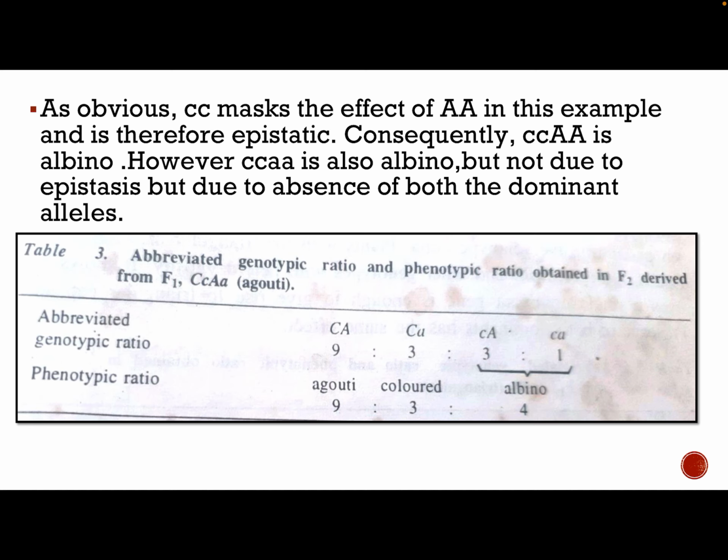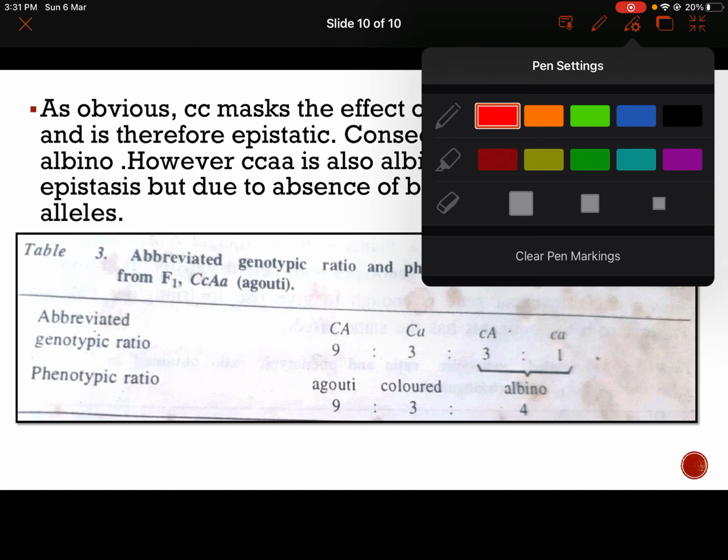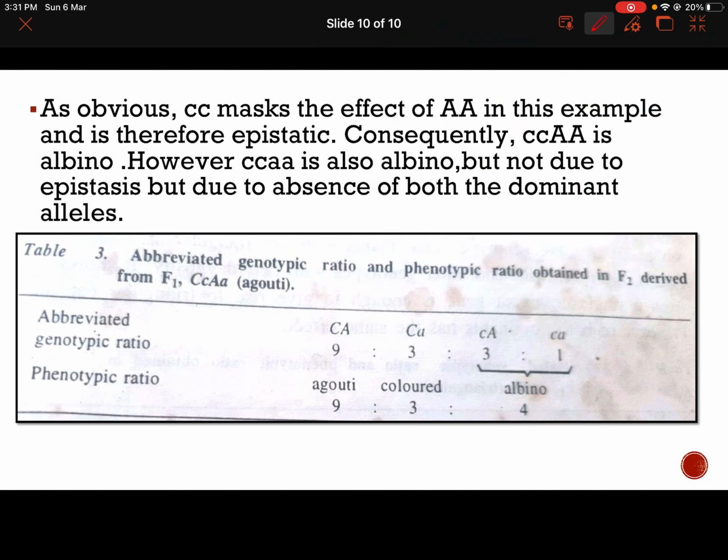Here you can see that when both capital C and capital A are present, the body color will be agouti, meaning stripes will be present on the mice. When only capital C is present but small a is present, then the mouse body color will be colored.